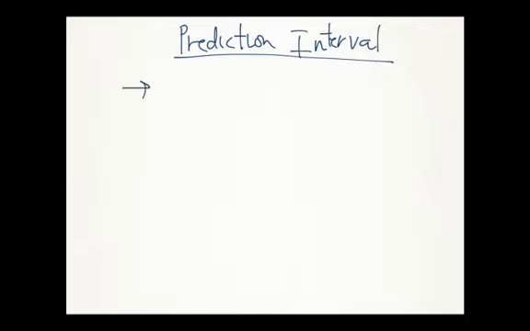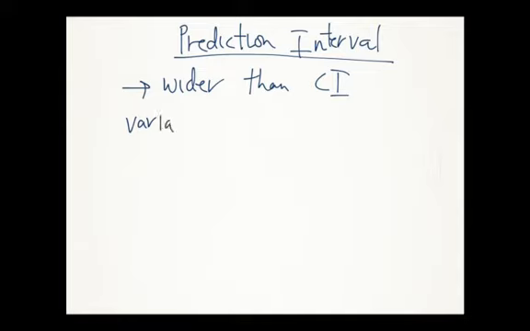Well, obviously it's going to be wider. And the reason for that is the variability in the prediction of a single observation, okay? Let me just write that out. Prediction intervals are always wider than confidence intervals, okay?